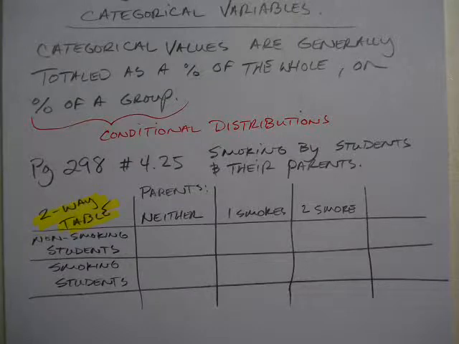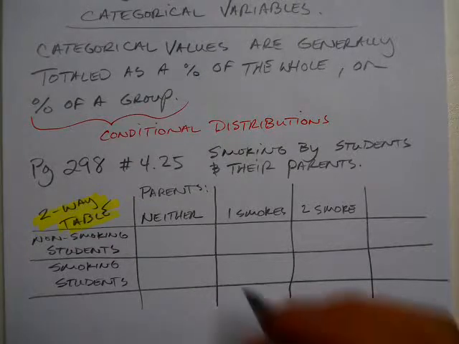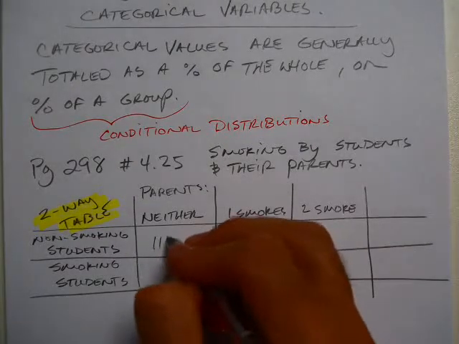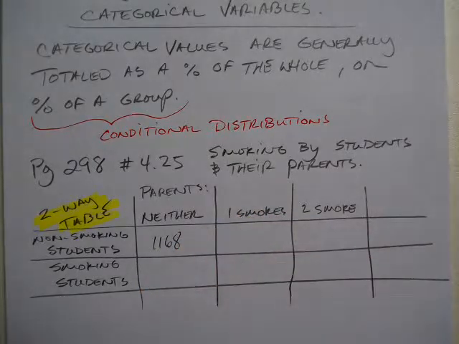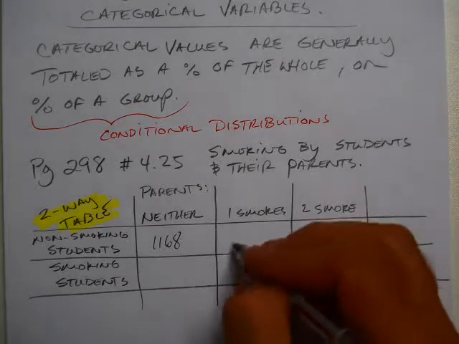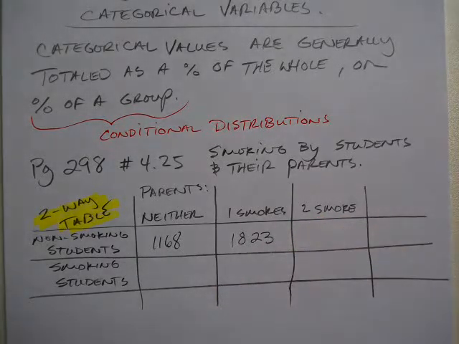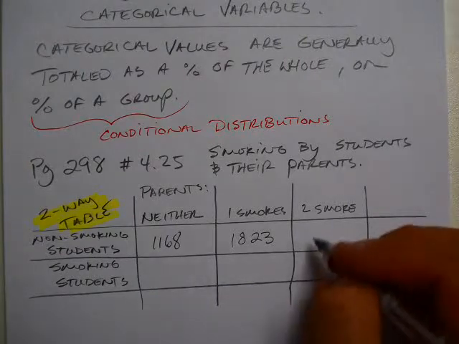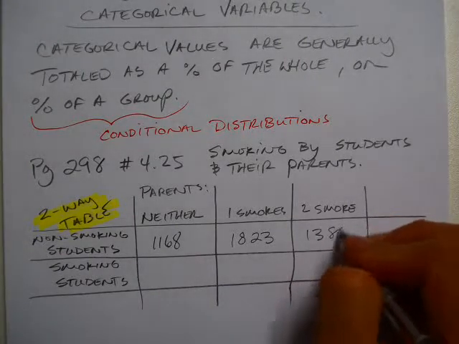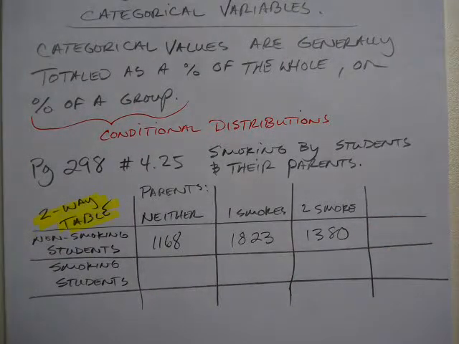And the problem gives us some data. We have 1,168 non-smoking students where neither of their parents smoke, 1,823 where one parent smokes but the student doesn't, and 1,380 where both parents smoke and the student is non-smoking.